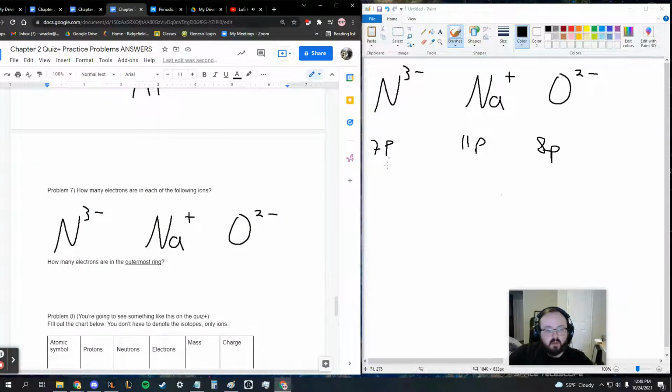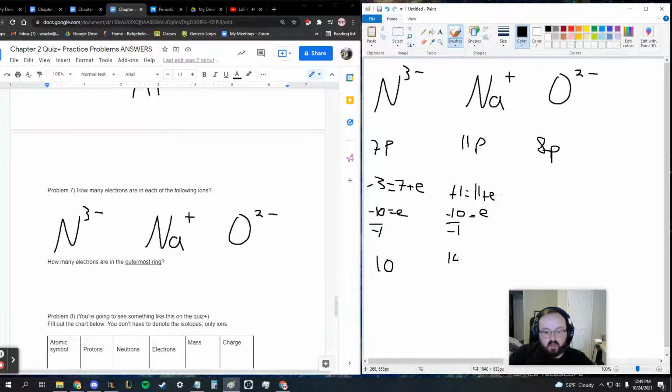Okay. So if there was a -3 charge, -3 equals 7 plus our electron charge. That gives us -10 is the charge of the electrons, so divided by -1, because each electron has a -1 charge, you would get 10. Similar here, plus 1 equals 11 plus our electrons, so we get to -10 equals electrons, divide that by -1, we get 10.